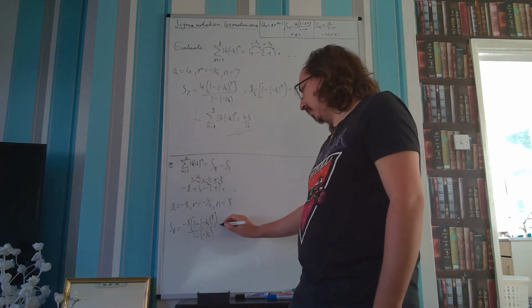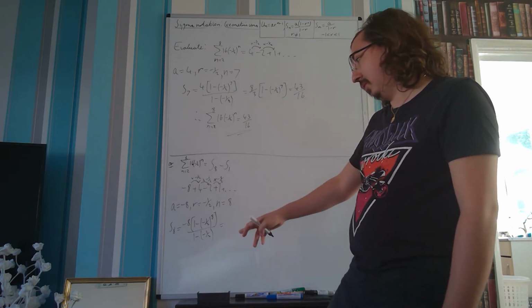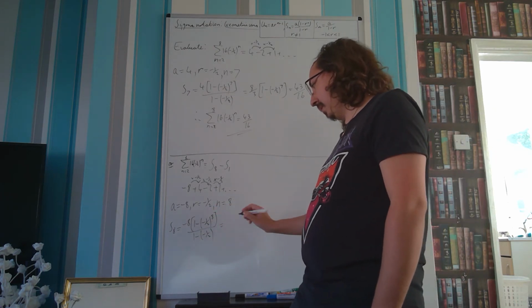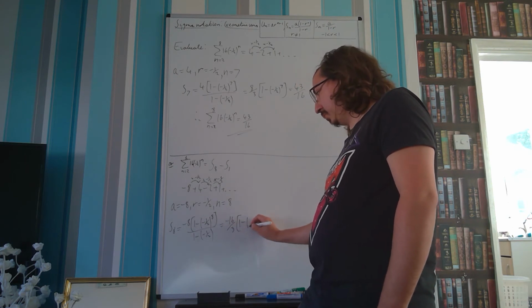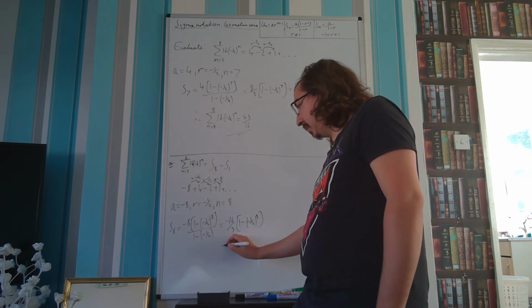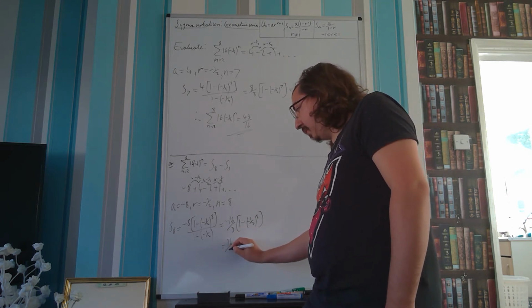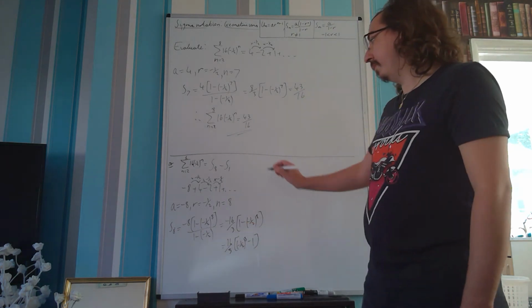So actually, well, we can simplify this. 1 minus minus half is 3 over 2. Minus 8 divided by 3 over 2 is minus 16 over 3 times 1 minus a half to the 8, or 16 over 3 times minus a half to the 8 minus 1.